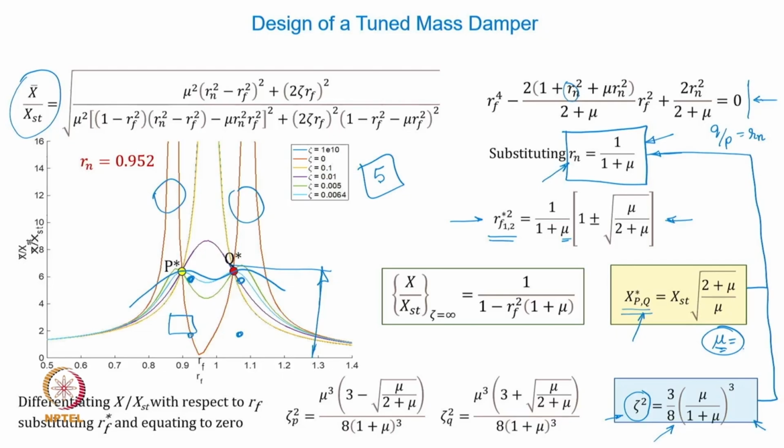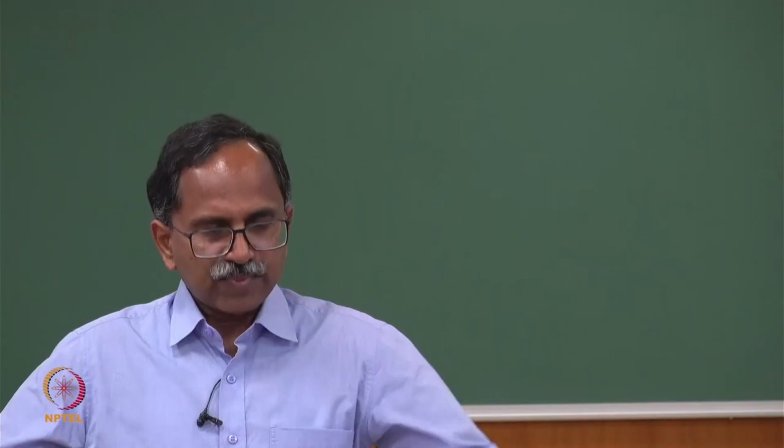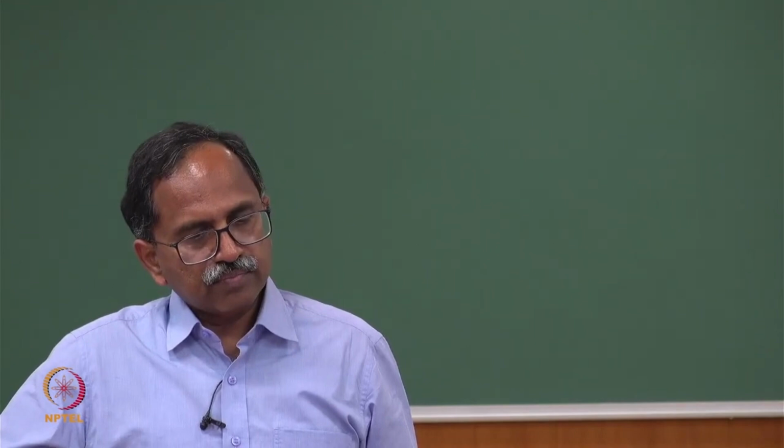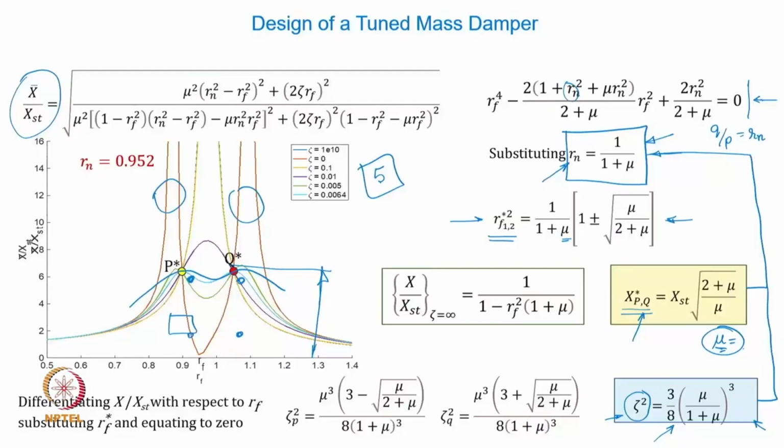Once all of these are finalized, then you have a design at hand, right? The expressions are a little lengthier than what we discussed till now, but if you follow through this discussion, it's quite interesting to see how these tuned mass dampers are actually designed.